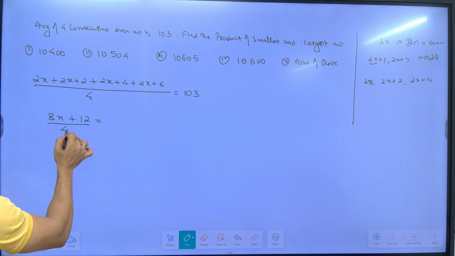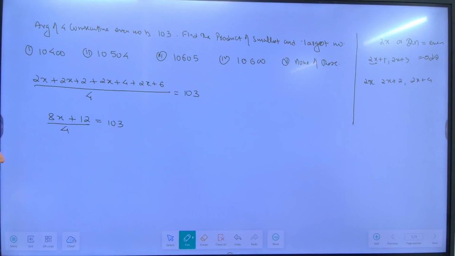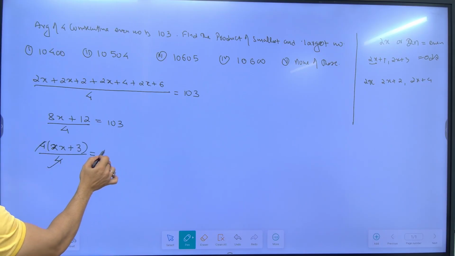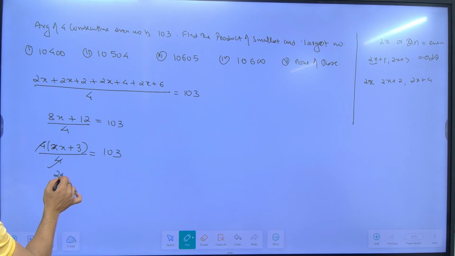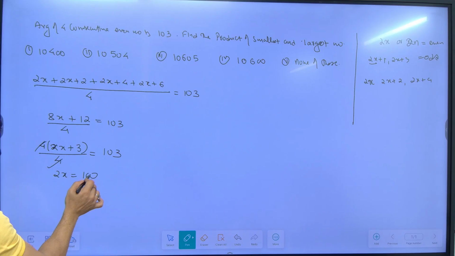Divided by 4, you can take 4 common, and this is 2x plus 3, equal to 103. So 2x is equal to 100, and x is equal to 50.